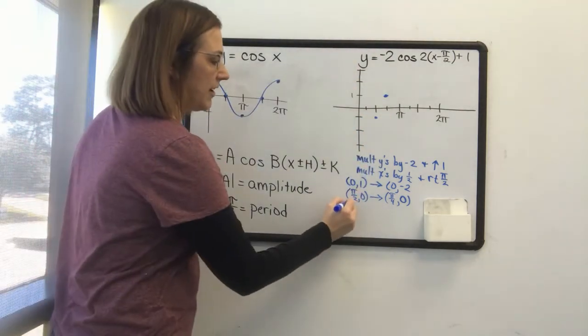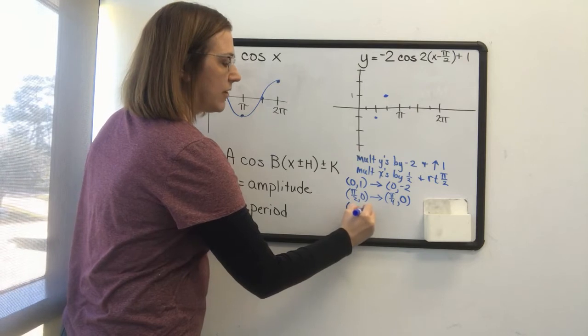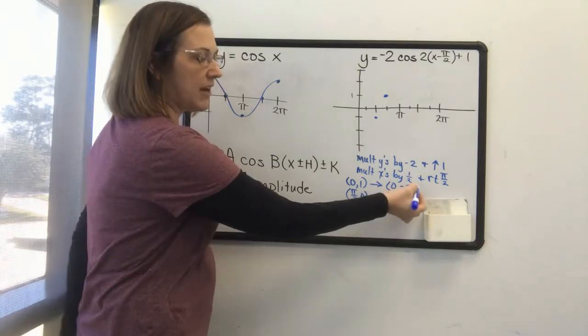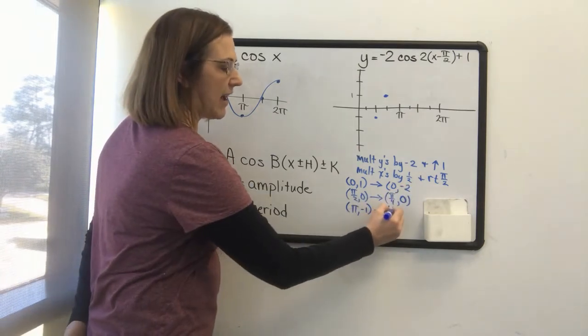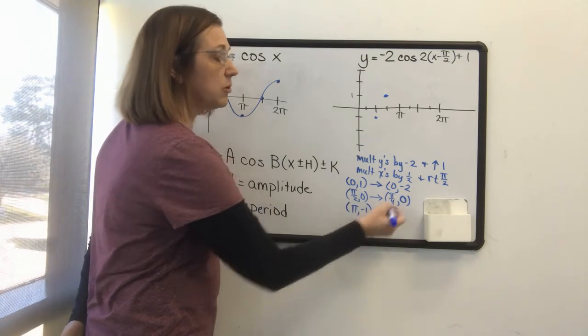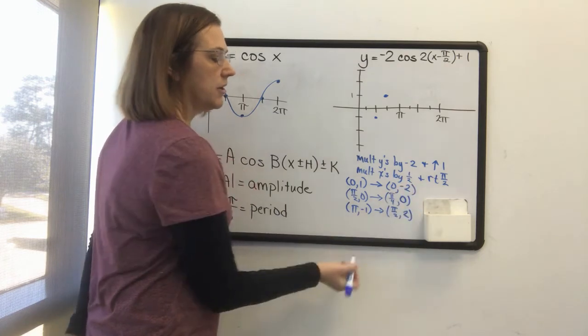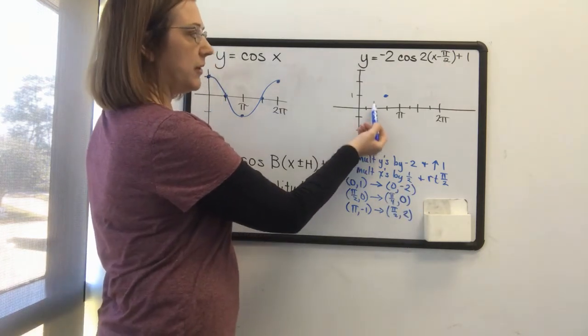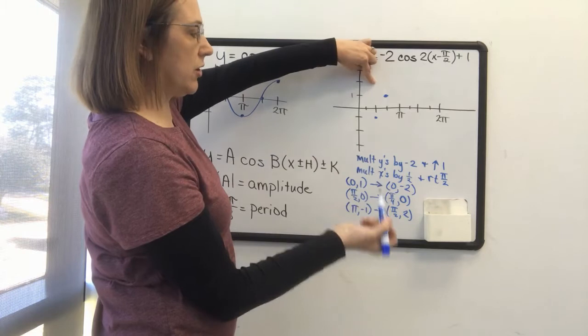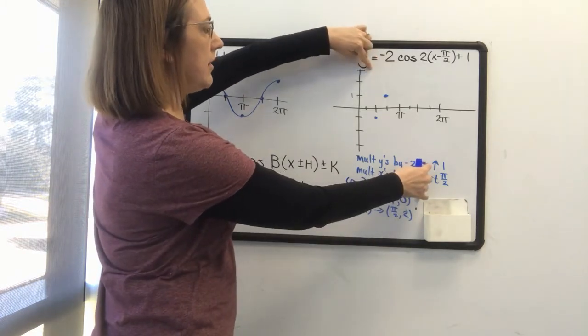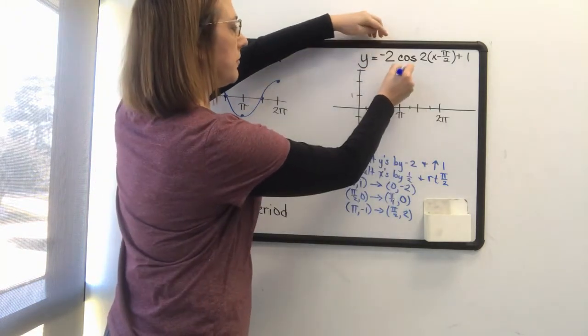Okay, let's continue on. Now I've got (pi, -1). Multiply your x's by 1/2. That gives you 1/2 a pi. Multiply your y's by -2. That gives you 2. So now you're going to (pi over 2, 2), which is here. Then you're going up 1 and right pi over 2.